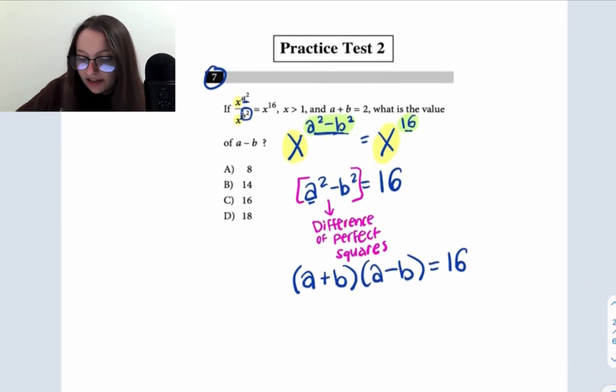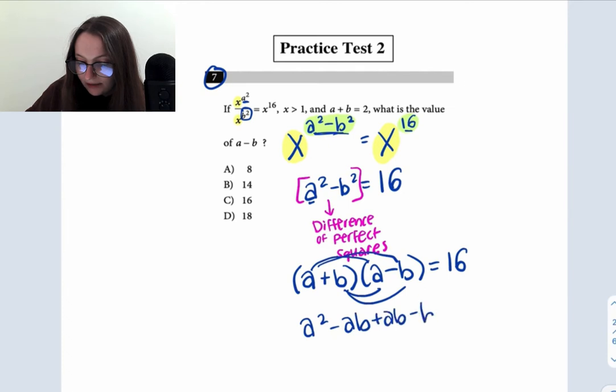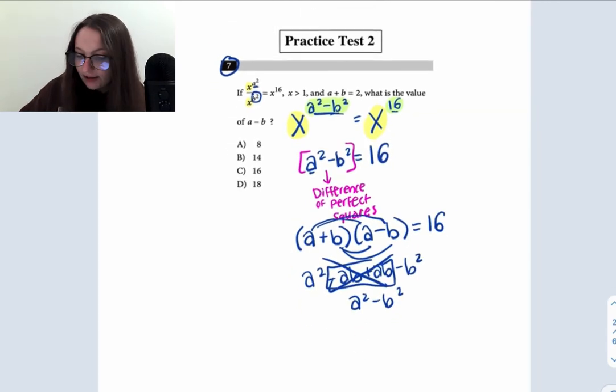All right, and you'll see that the reason why that gives you a squared minus b squared is when you go ahead and FOIL it, that will give you a squared minus ab plus ab minus b squared, and the middle terms here end up canceling out, so that just gives you the a squared minus b squared. All right, anyways, though, back to the problem.